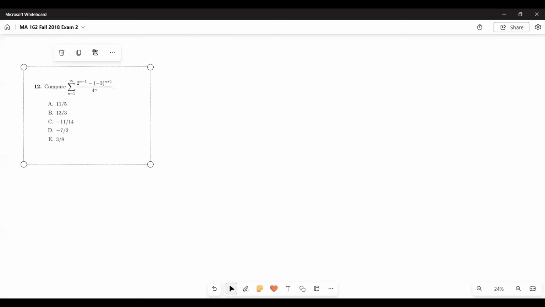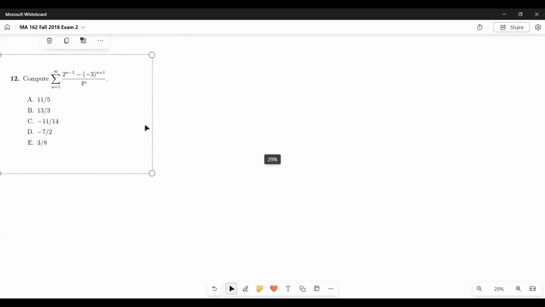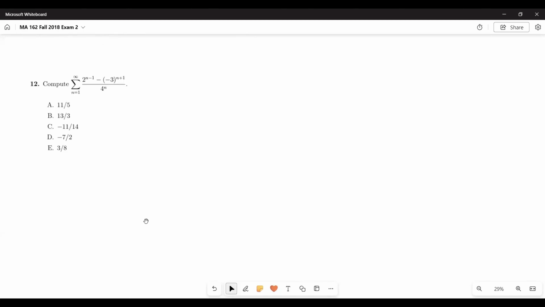Okay, so this question asks to compute the sum from n equals 1 to infinity of (2^n minus 1 minus 3^n plus 1) over 4^n. Let's separate this into two.